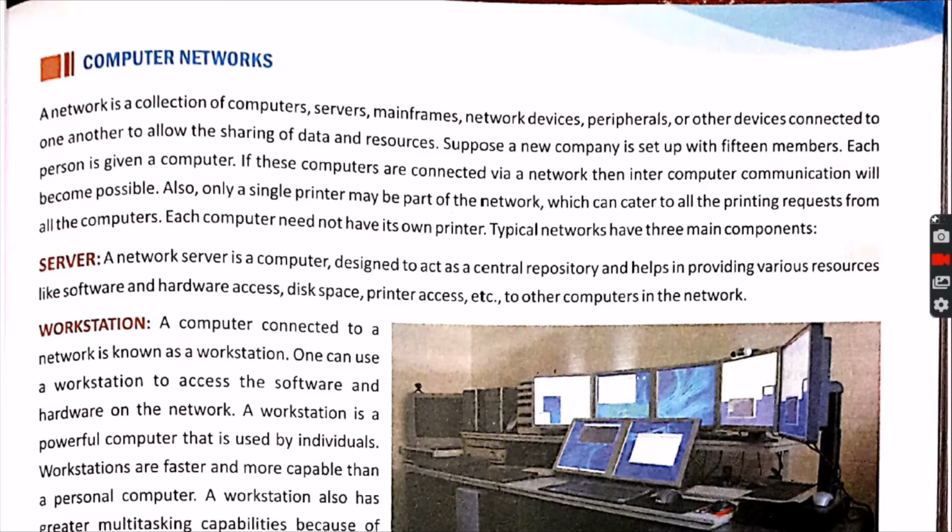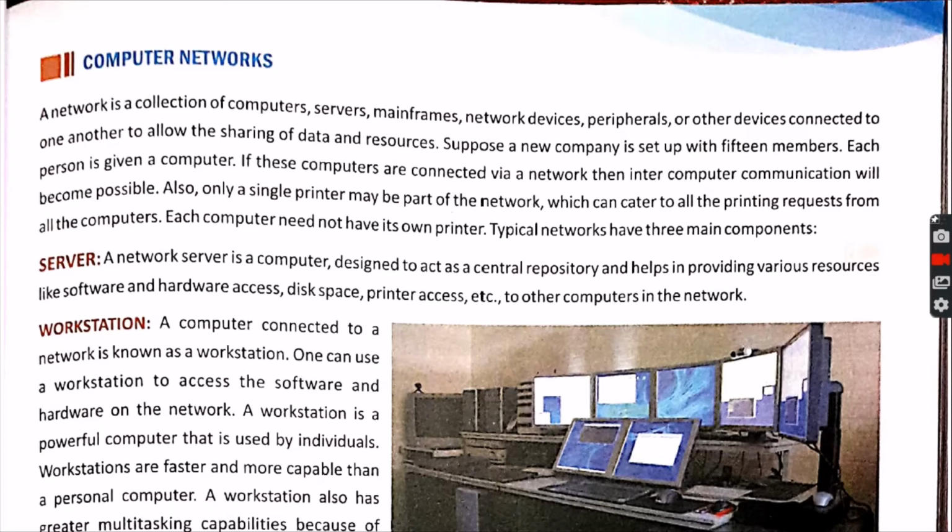And mainframes are also somewhat bigger computers that are used in bigger calculations and bigger companies. Okay, and network devices like a dongle, that is a modem, and a router, and other devices that you have already learned.